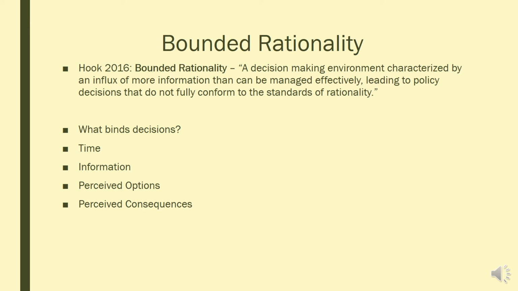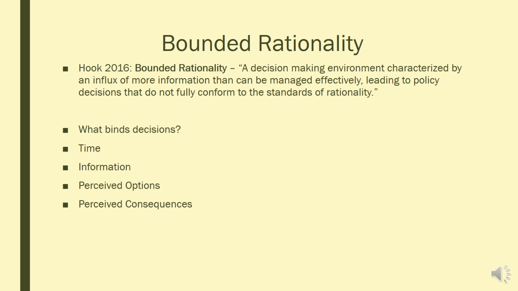One of the issues with assuming rationality in decision making is that the outcomes oftentimes don't fulfill the perceived national interest. The outcomes are oftentimes negative, and that is because the true rationality of a decision is bounded by certain things.